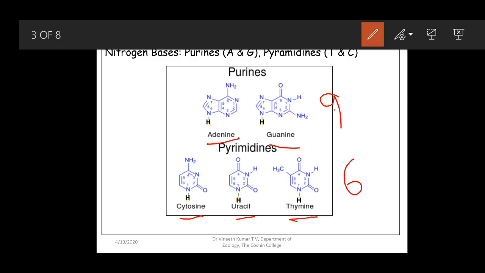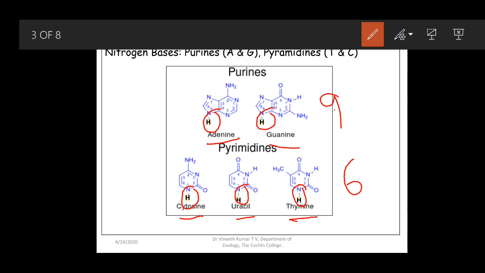So the particular place at which the bonding between the ribose and nitrogen base happens is, as you can see here, N9 of purines bonds with the 1' hydroxyl group of the sugar, and N1 of pyrimidines bonds with the 1' hydroxyl group of the ribose sugar.